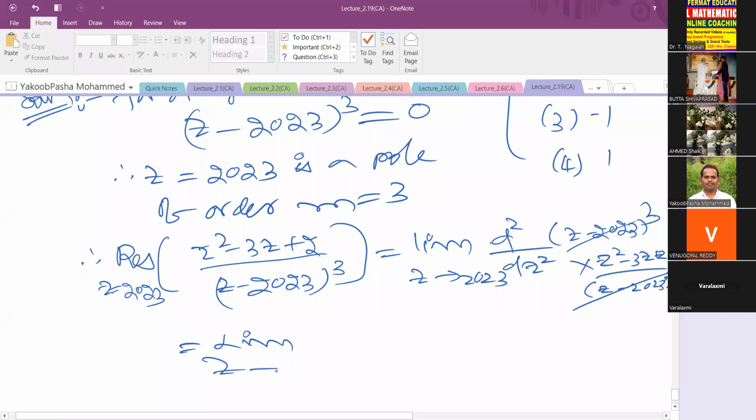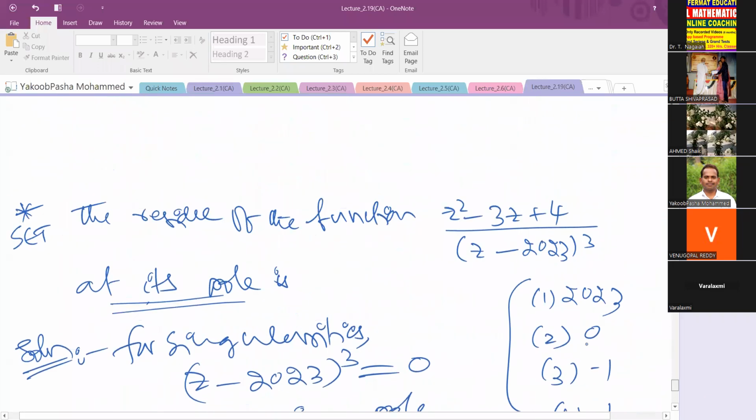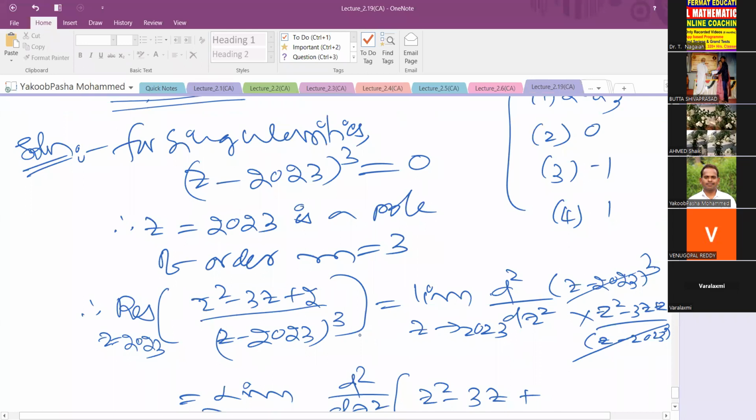So limit z tends to 2023 of d square by dz square of z square minus 3z plus 4. Here also it is 3z plus 4.